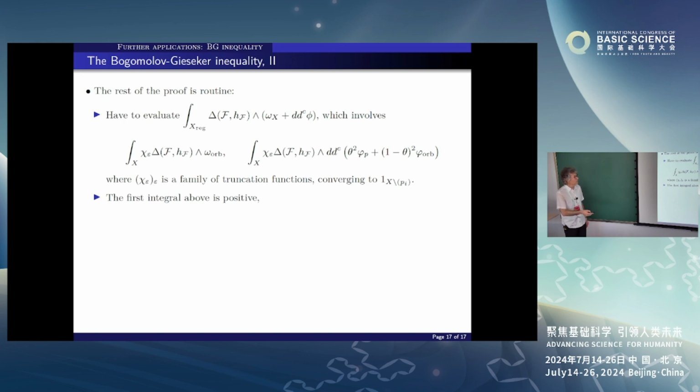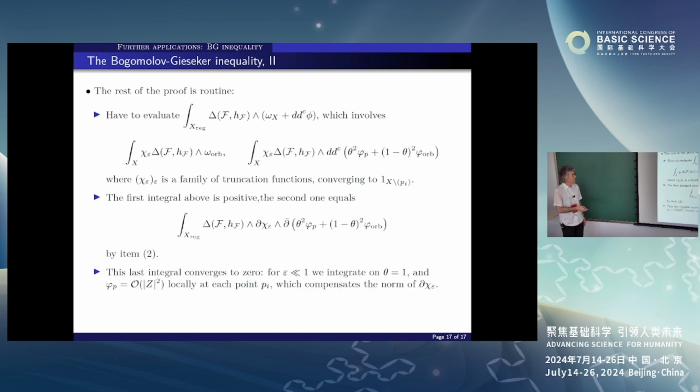Now we have to get rid of the dd^c of this function, and this is exactly where the second point from before comes into the picture, because we can integrate by parts since this is supported outside the set W. Now why does this integral converge to 0? The difficulty is that this discriminant is only in L1. It involves the coefficients of the curvature squared, and that's just L1, right? So here it had better be L infinity if it goes to 0.